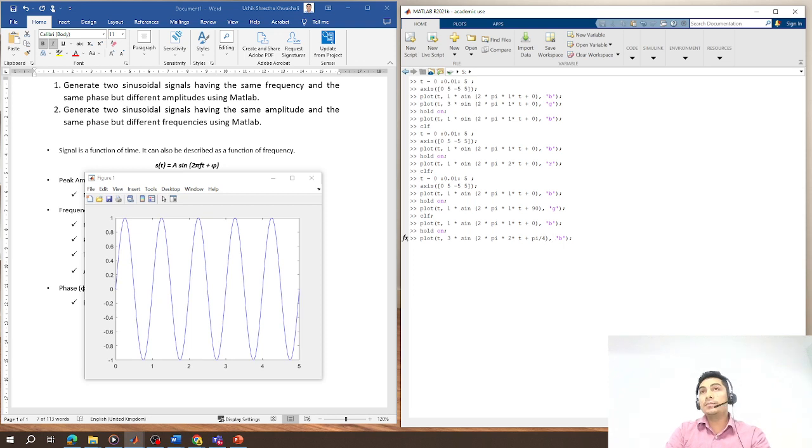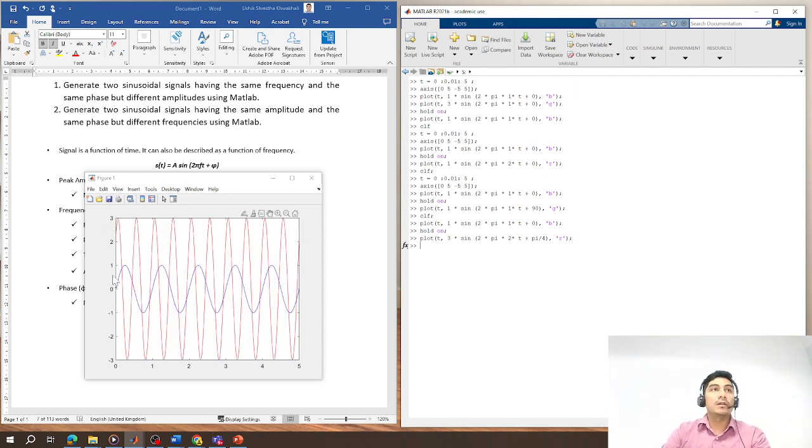And let it be in the color red. So this way we can have different colors of the signal.